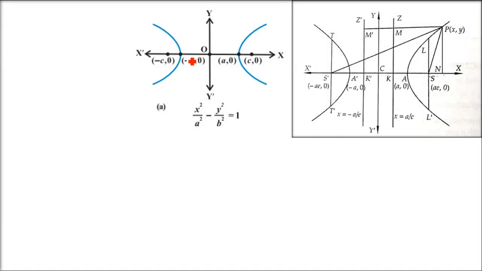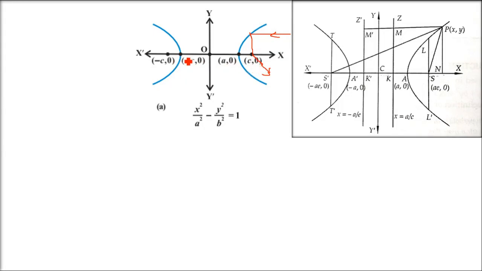In every hyperbola, parabola or ellipse, there will be a focus. In physics terms, whenever light from infinity is coming, it is going to converge at the focus. There are two foci.